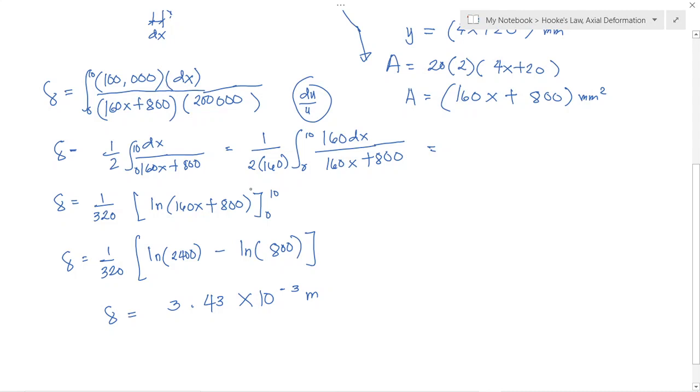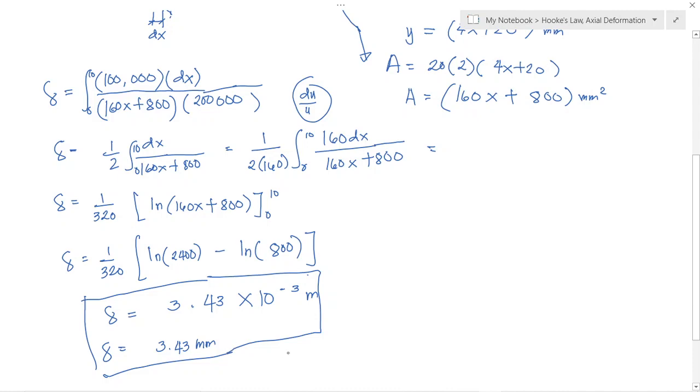Doon sa unit analysis na ginawa natin, yung 200,000 dito is Newton per square millimeter, tapos ito naman naka-square millimeter, kaya matitira dito Newton, may Newton tayo sa taas, so matitira yung unit ng dx, which is in meter. So this is the final answer, or to express it in millimeter, this is equivalent to 3.43 mm. Okay, this is the final answer for the problem.